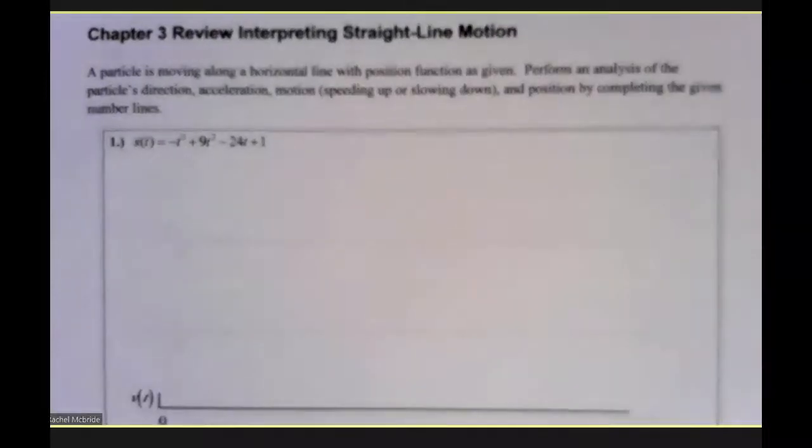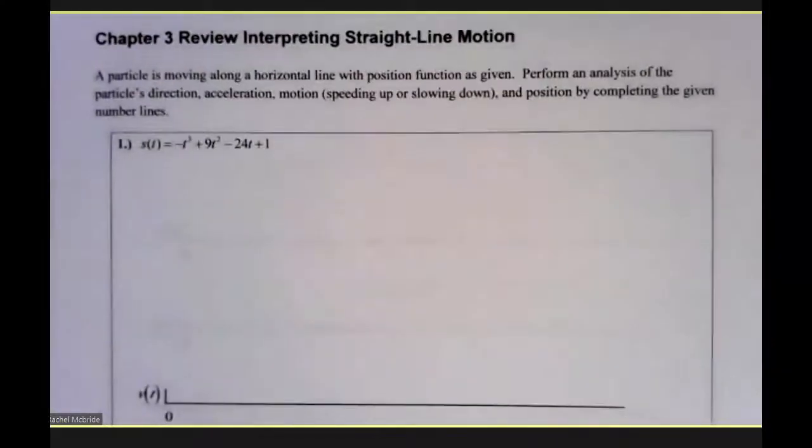Perform an analysis of the particle's direction, acceleration, motion, and position by completing the following number lines, and then interpreting really what all of those number lines mean. So, in order to do this, we need to start with our derivative. So go ahead and calculate the derivative of that problem.